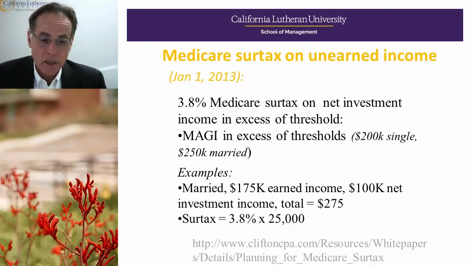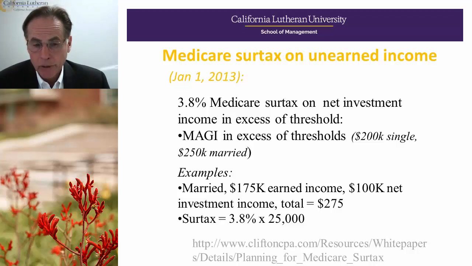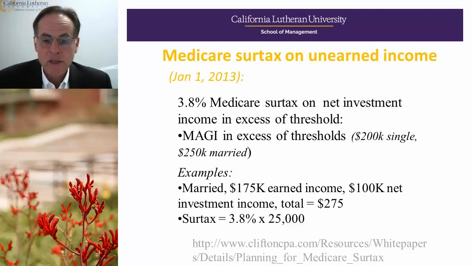So let's take a look at an example. We have a couple who's married filing jointly. They have $175,000 of earned income, $100,000 of net investment income. Total, we're saying the modified adjusted gross income is $275,000. So that's $175K plus $100K.